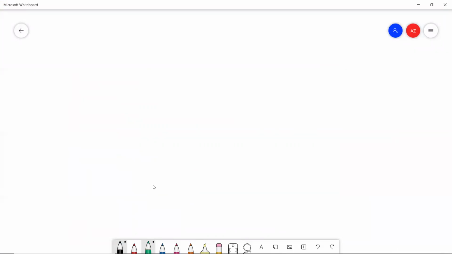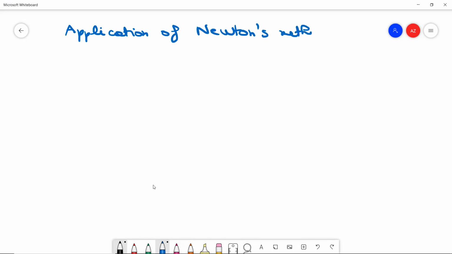So, application of Newton's method in optimization.